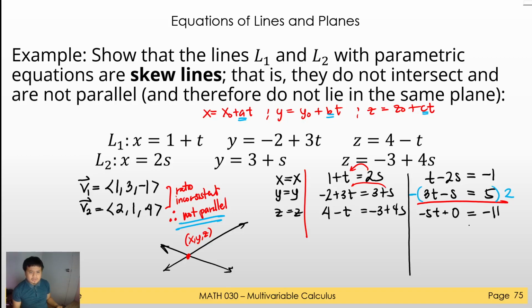Did I get it wrong? This should be... oh, hmm. Oh, this should be 2, right? I think I got this wrong. This should be negative 2 positive. Did I get things wrong?